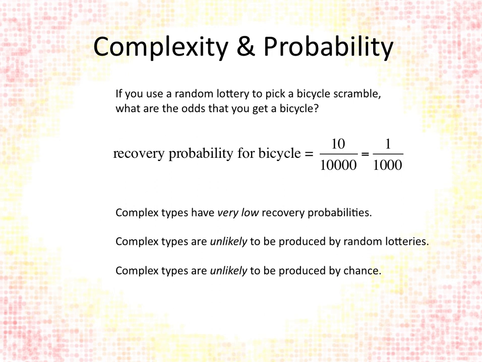This means complex types are unlikely to be produced by random lotteries. Complex types are unlikely to be produced by chance. And so complex types are improbable. Simple types are probable, likely to be produced by chance. Complex types are improbable, not likely to be produced by chance.